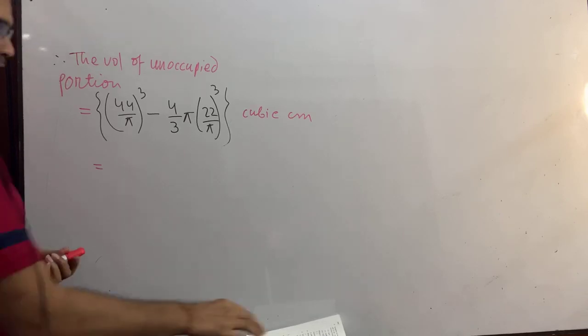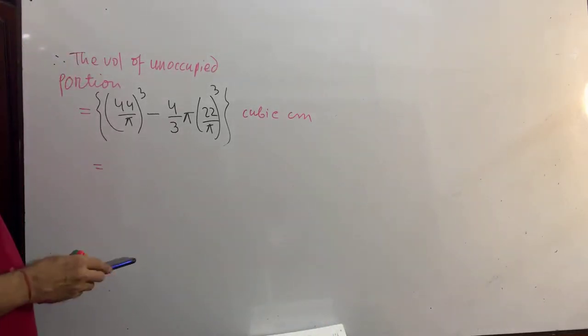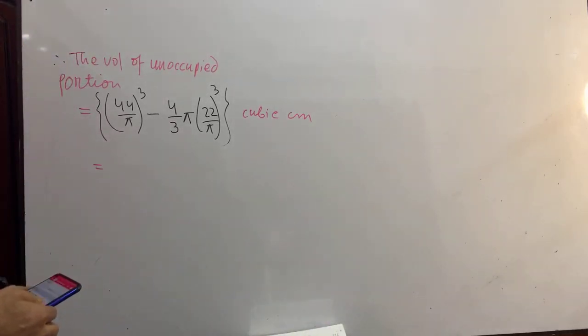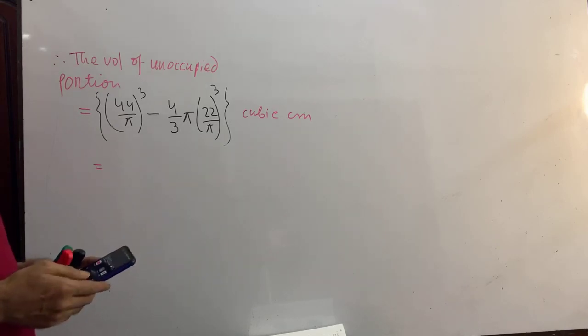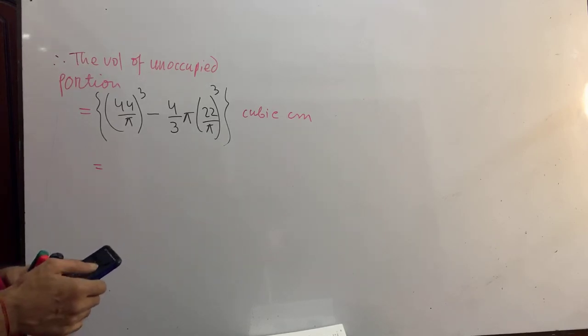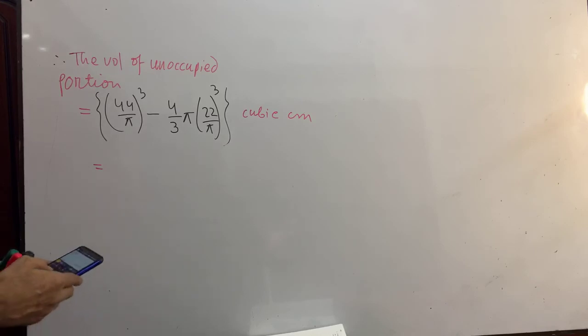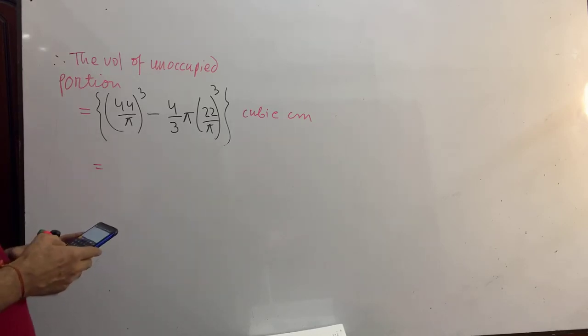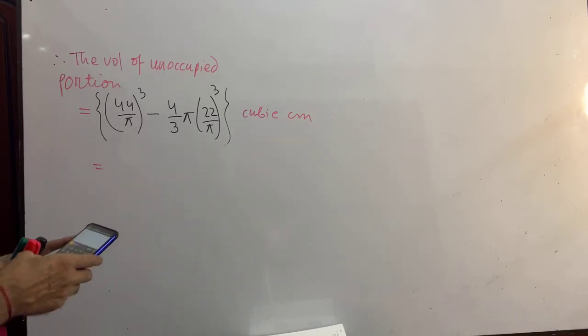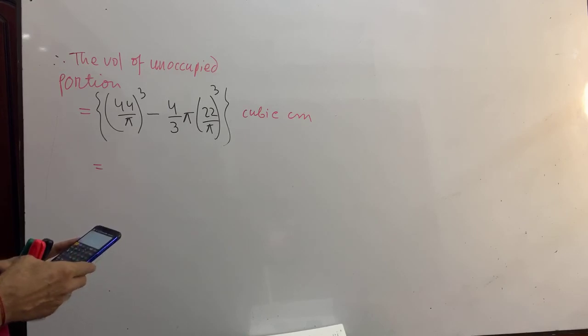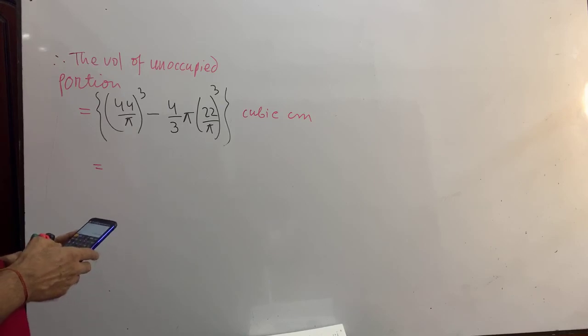Can you do this? What are you getting? 44 by pi. Write down 44 divided by pi, that means 3.1416. 44 by pi is equal to, then it is cube.